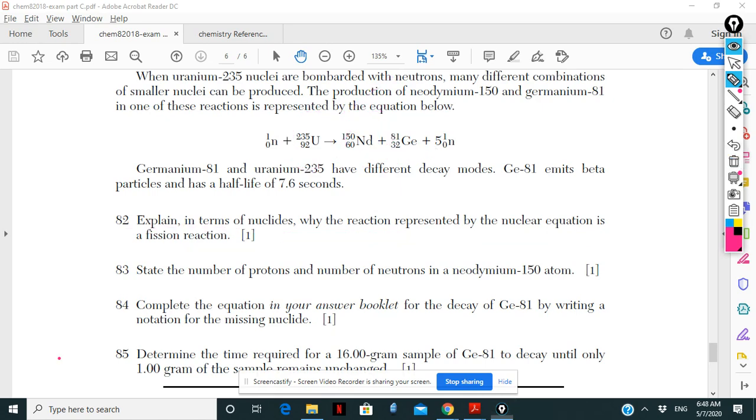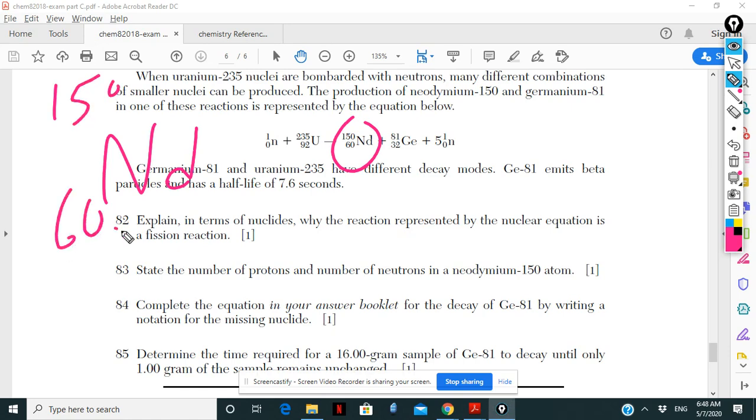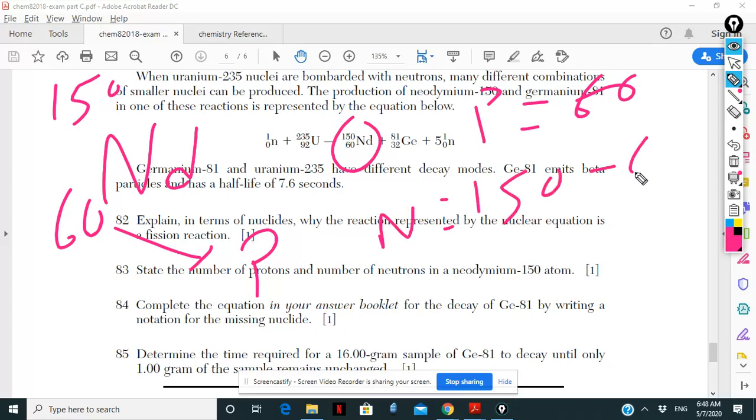It said the number of protons of neodymium 150. Neodymium 150, 60, so the number of protons equals 60. Now, the number of neutrons is 150 minus 60, giving us 90 neutrons.